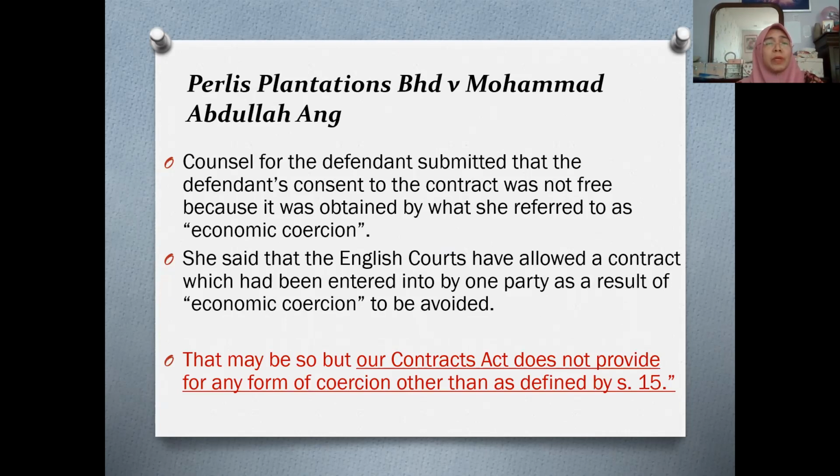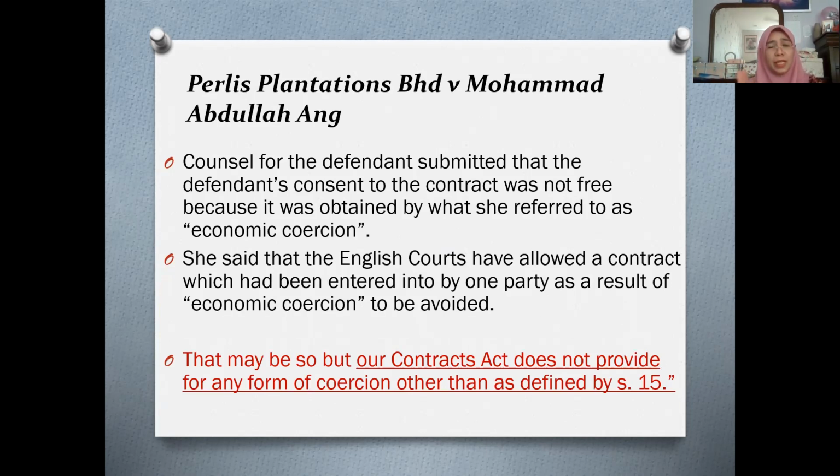And this is the argument by counsel. Counsel said, well, look at England. It's possible to really prove that the party's consent was not free. And they have economic coercion over there. So the English court allows a contract which had been entered into by one party as a result of economic coercion to be invalidated, I mean, a contract can be invalidated as a result of economic duress.